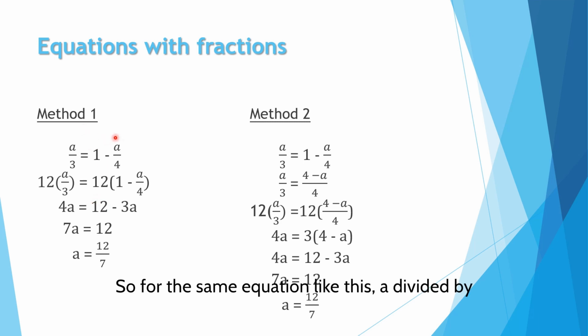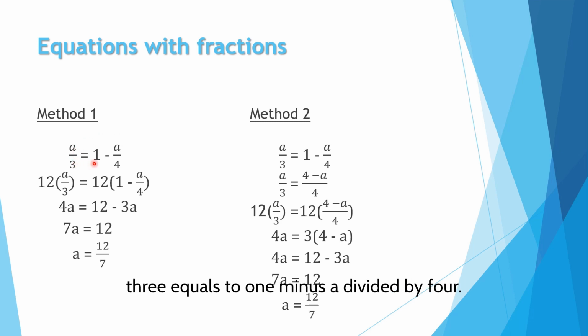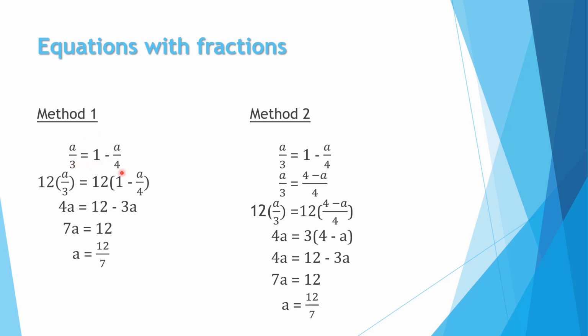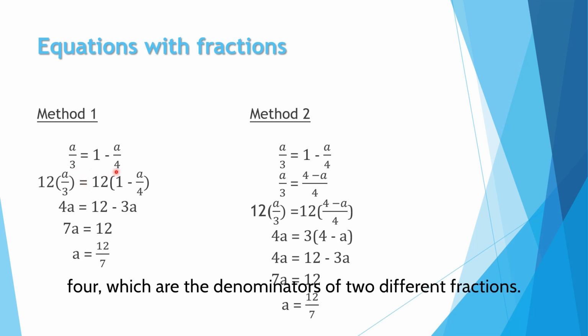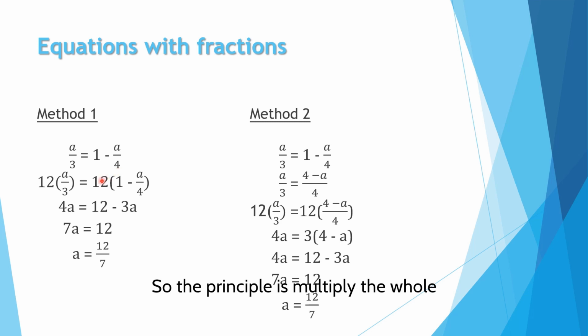So for the same equation like this, a divided by 3 equals 1 minus a divided by 4, we can first find the LCM of 3 and 4, which are the denominators of the two different fractions. Obviously, it's 12. So the principle is to multiply the whole equation on both sides by 12.